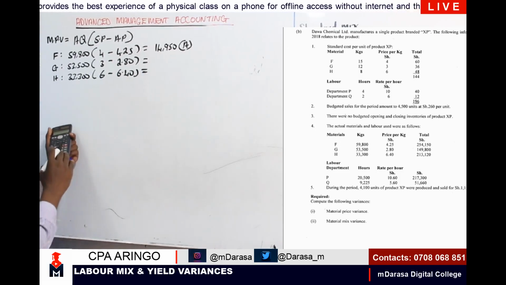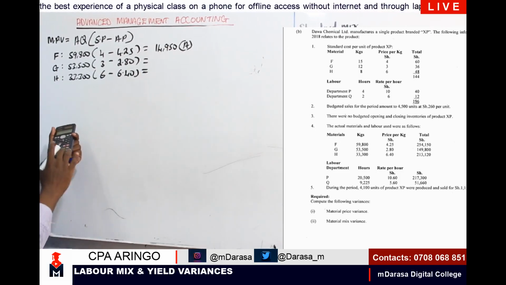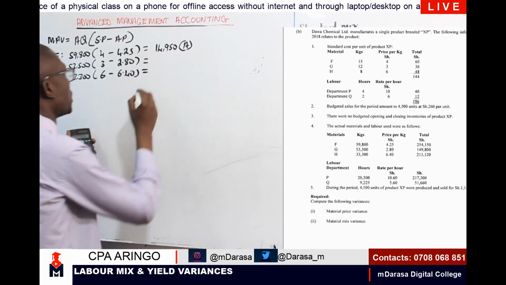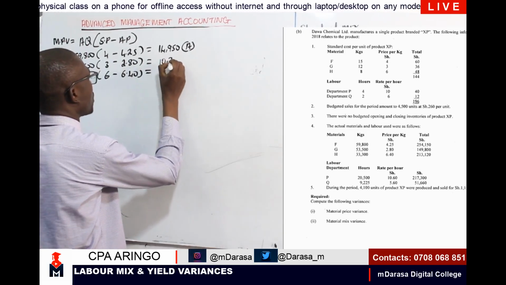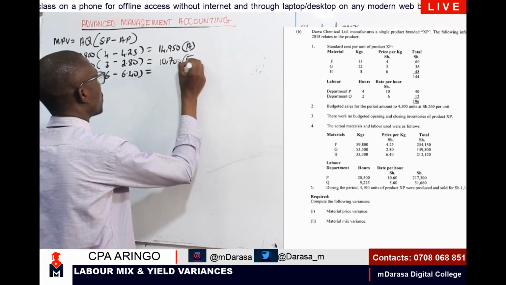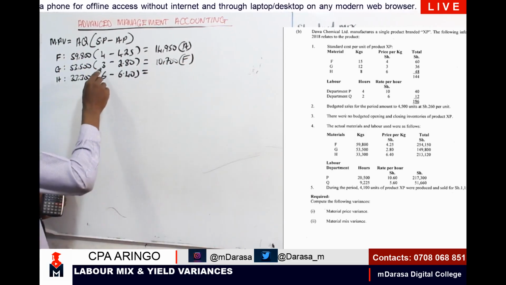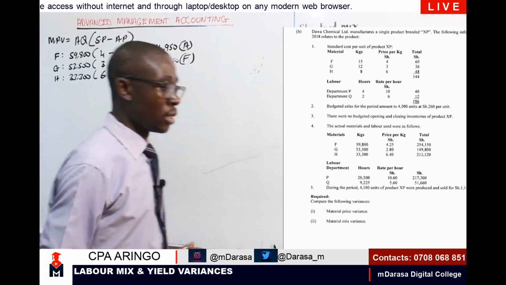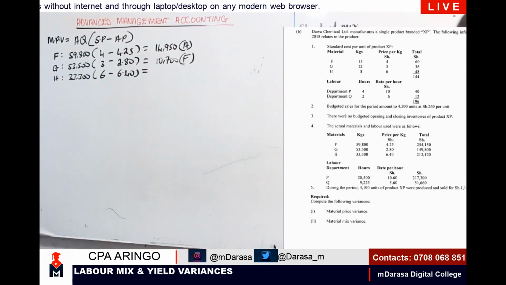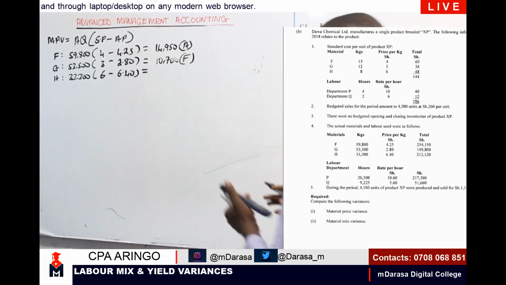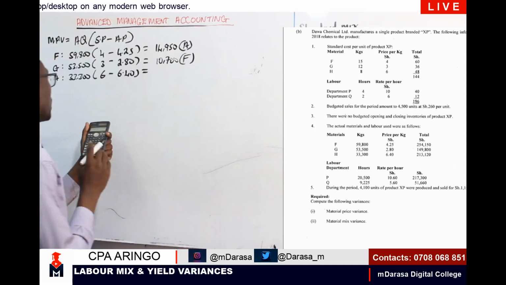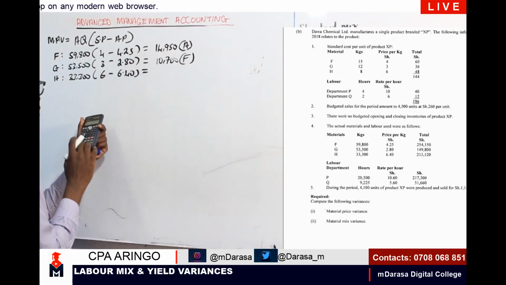What about the other case? 3 minus 2.80 times 53,500 should give us a favorable of 10,700. Favorable, because I'd budgeted to spend 3 shillings, but we ended up spending 2.80, right? The other one is 6 minus 6.40 times 33,300.